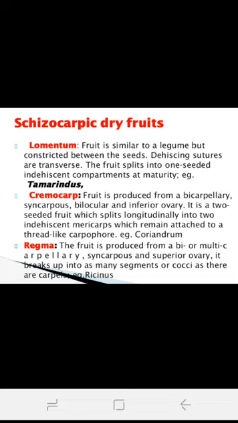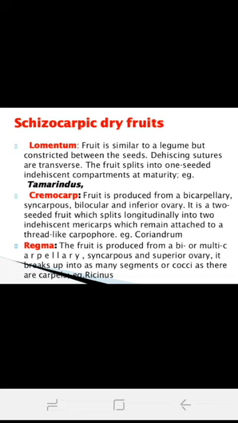The next category is schizocarpic dry fruits. They are not completely dehisced, but not indehiscent either; in between, that is schizocarpic dry fruits. Lomentum is the first example. When you look at lomentum, it is somewhat similar to legume, but constricted between the seeds.